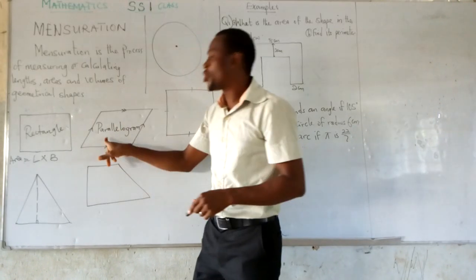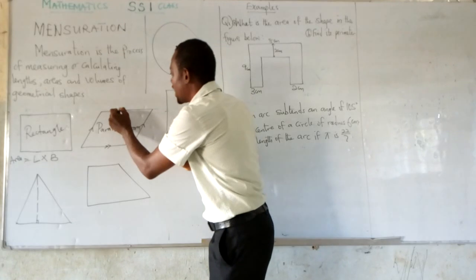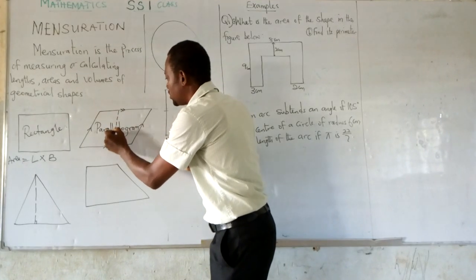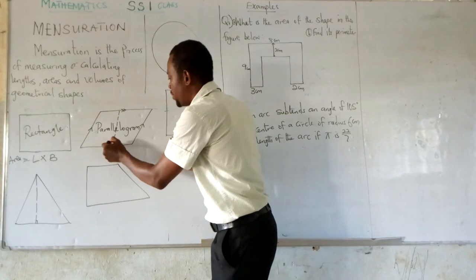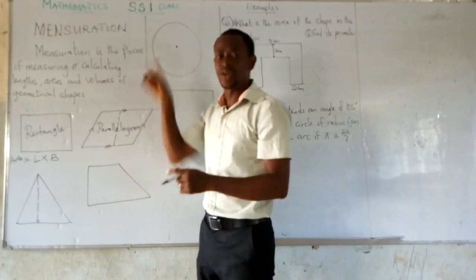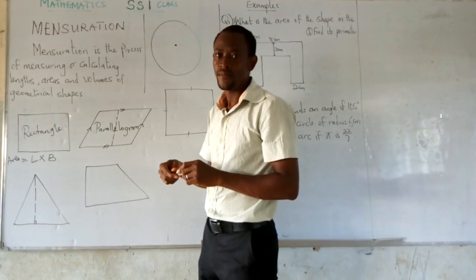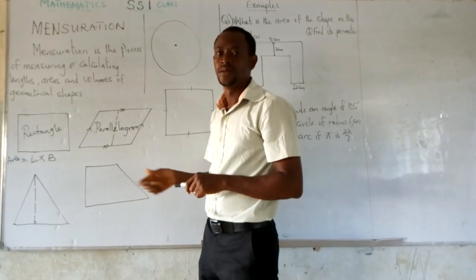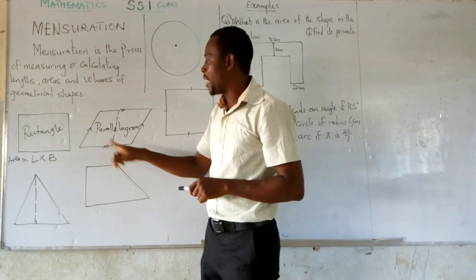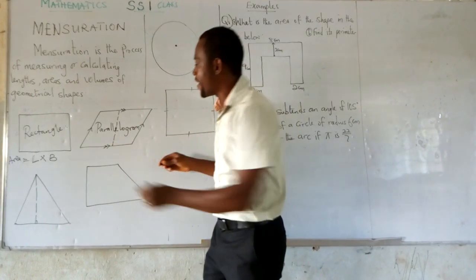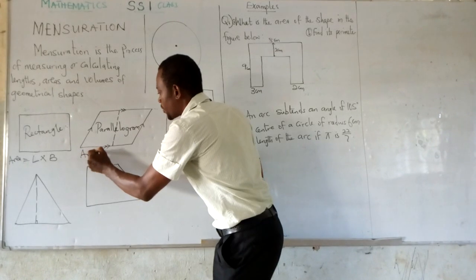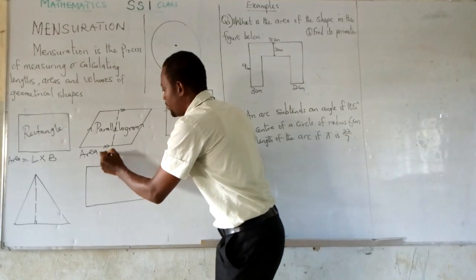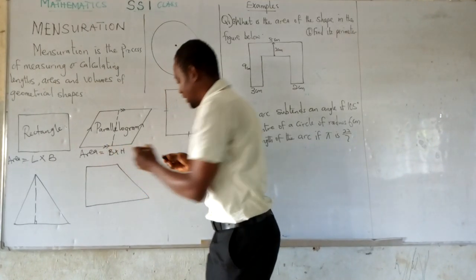On our parallelogram, we have the distance from the base to the top. That gives us the height. You can call it height, you can call it altitude. Now, the area of a parallelogram will give us what? Base times height.